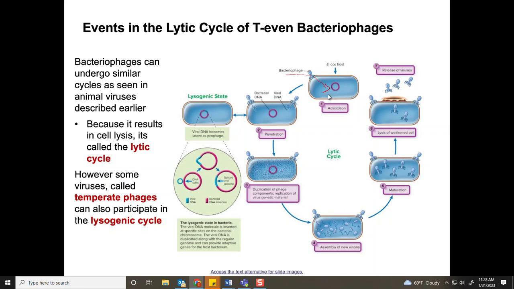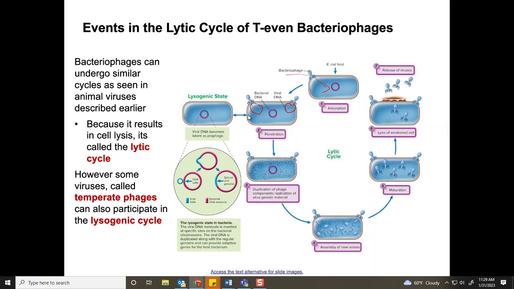So it has been absorbed and it has penetrated, going on to number 2. And then there's basically two different things that can happen. That viral DNA can do one of two things.